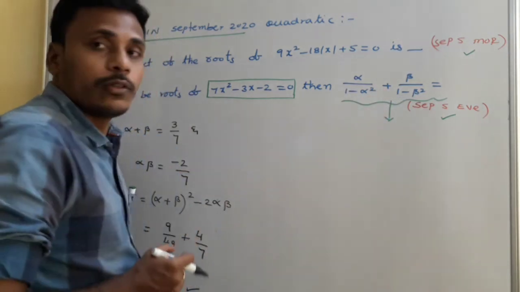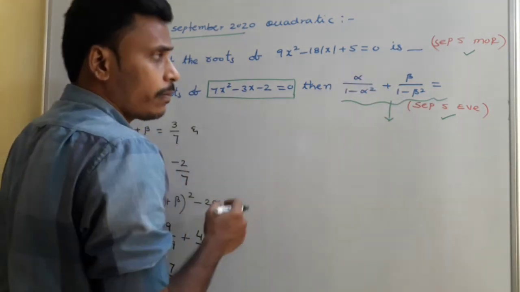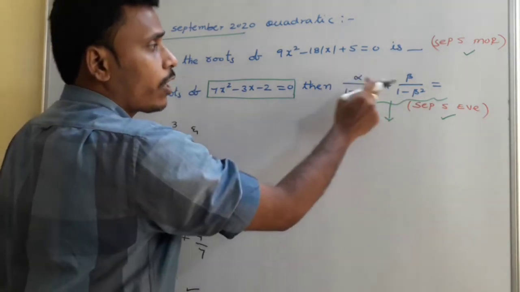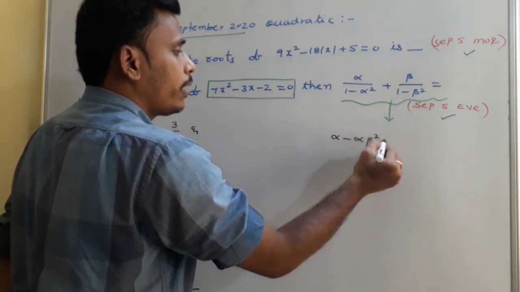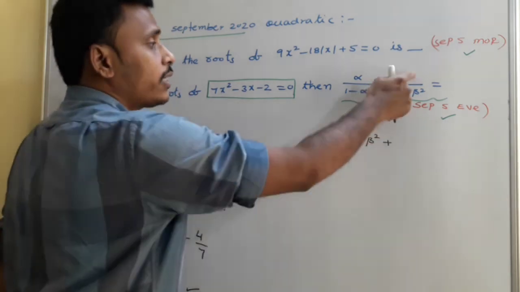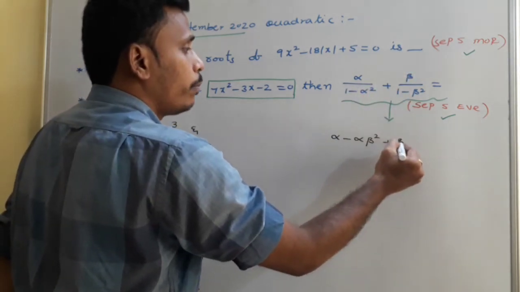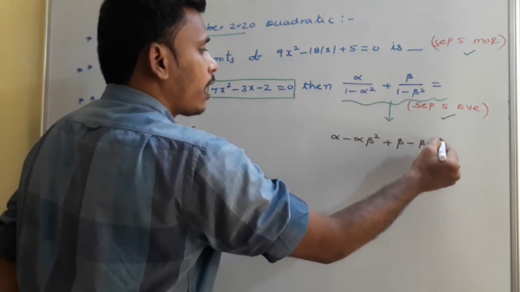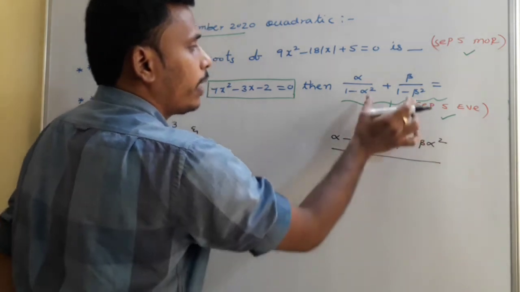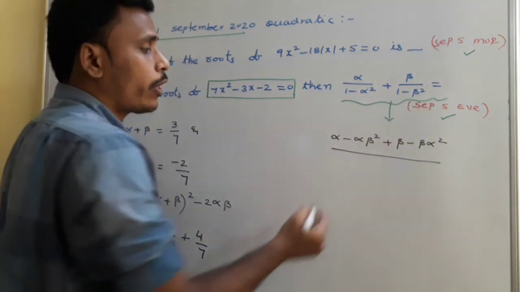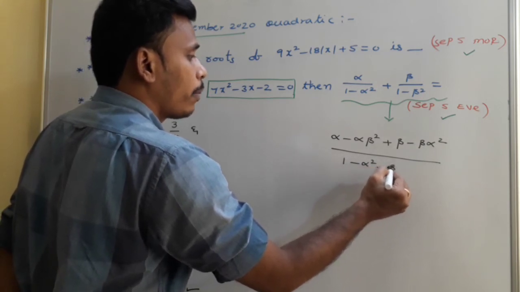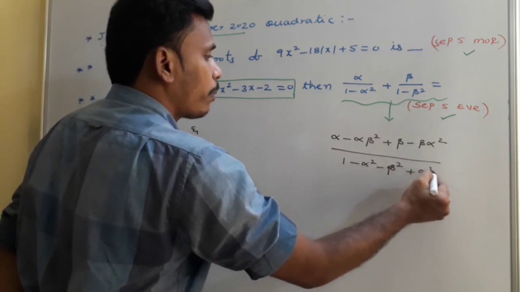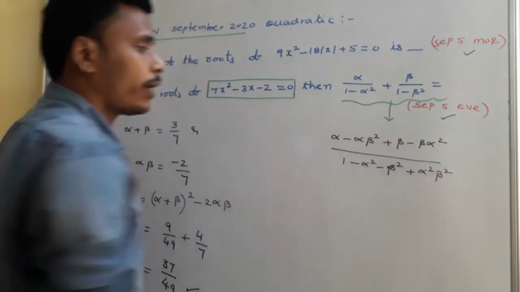Now what is this value? Just simply take the LCM. If you take the LCM, alpha into 1 minus beta square is alpha minus alpha beta square, plus here, just calculate these two, beta minus beta alpha square, divided by the product of these two. The product of these two is simply 1 minus alpha square minus beta square plus alpha square beta square.